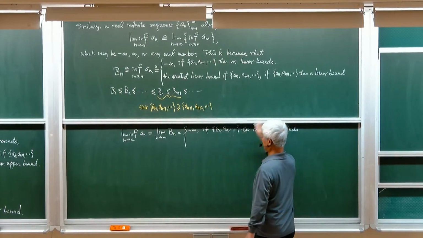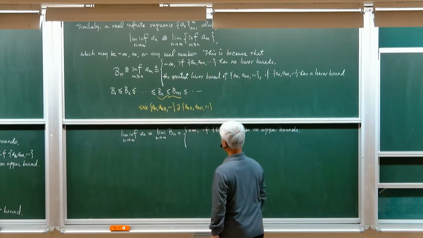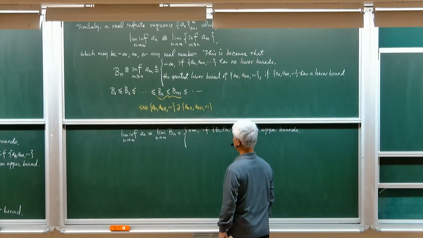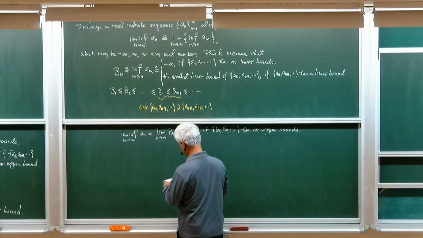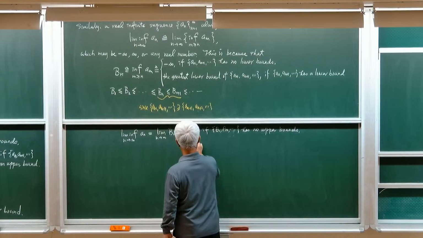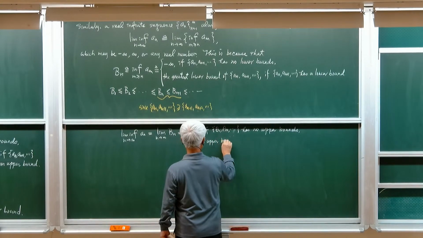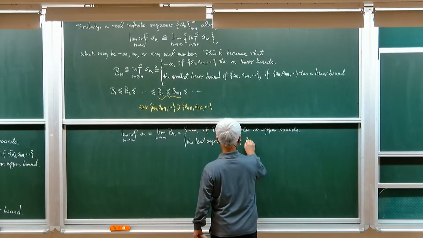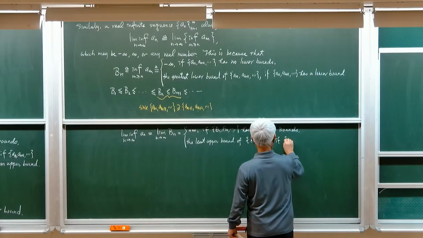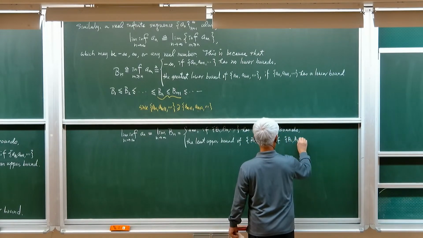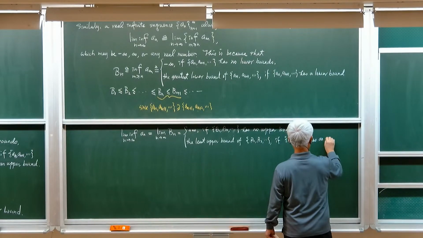If it has no upper bound, then the lim inf is positive infinity, and it is the least upper bound of B1, B2, if the sequence has an upper bound.